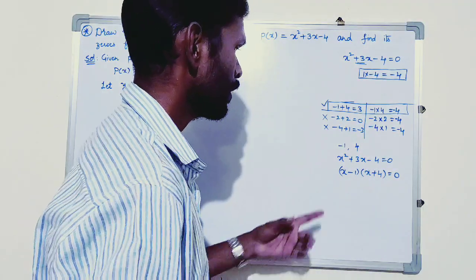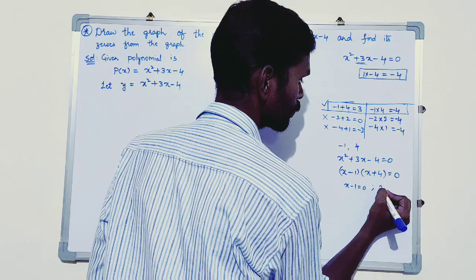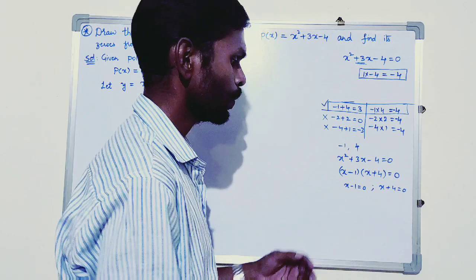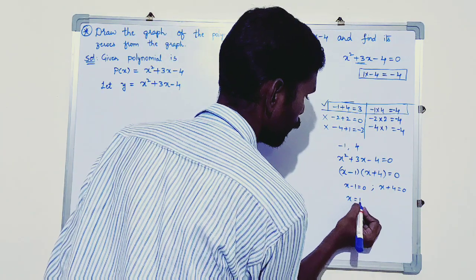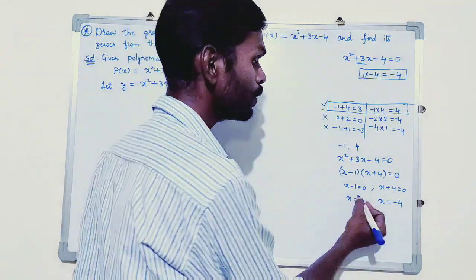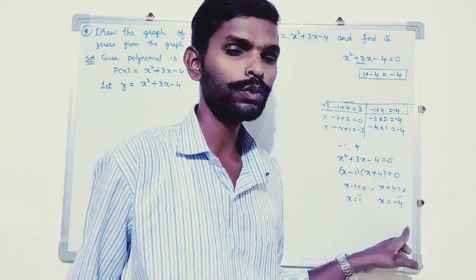This is how to do it. Now it is clear that x minus 1 equal to 0 and x plus 4 equal to 0. Now x equal to 1, x equal to minus 4. So the zeros of the polynomial are plus 1 and minus 4.